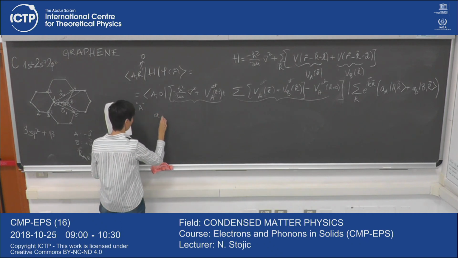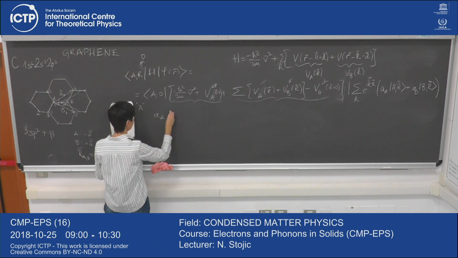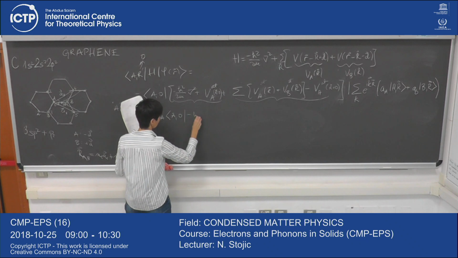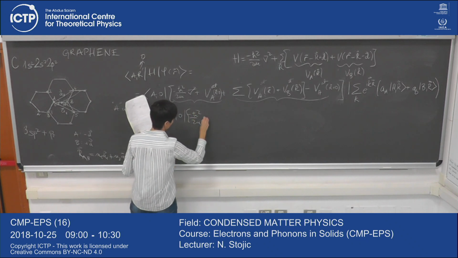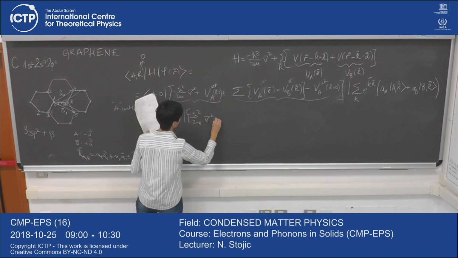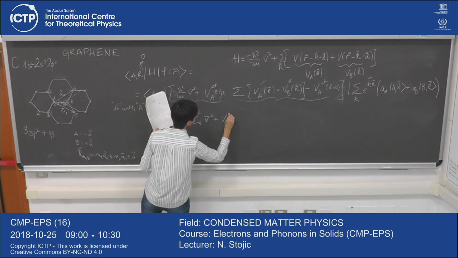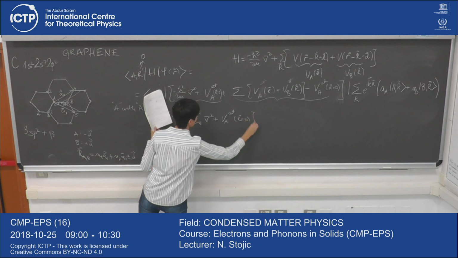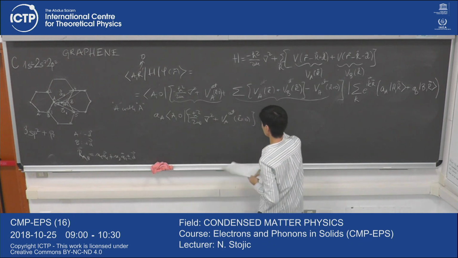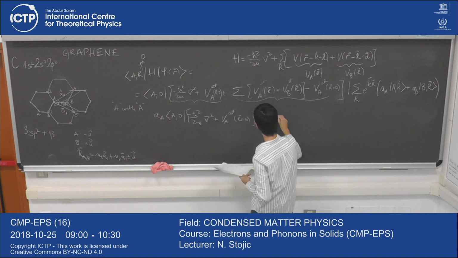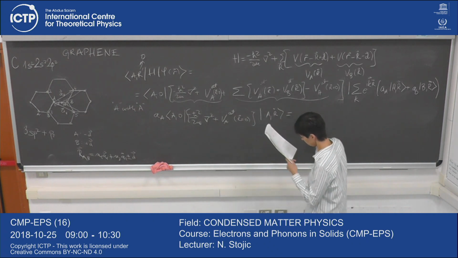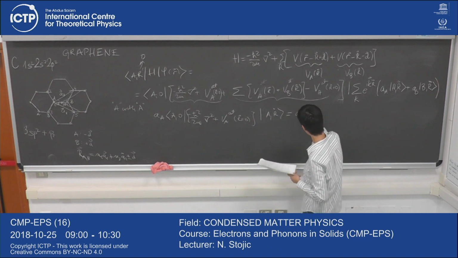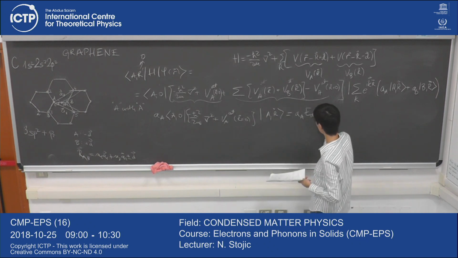So what do we have? A with A and the atomic part. It gives us A, E atomic.